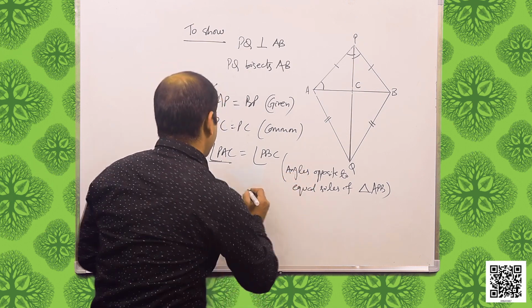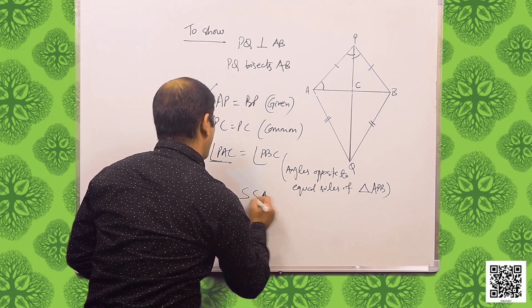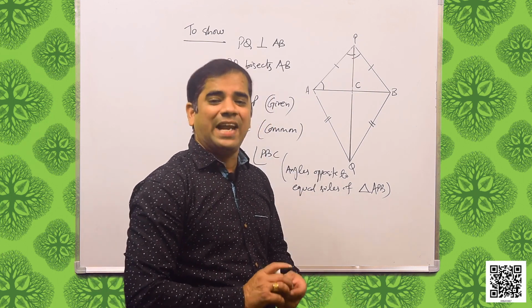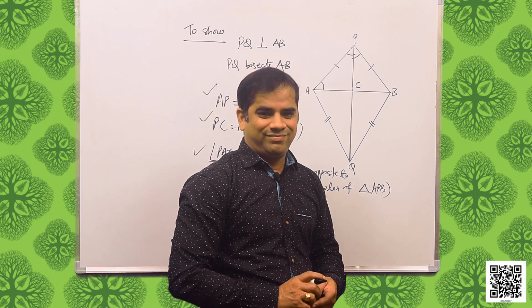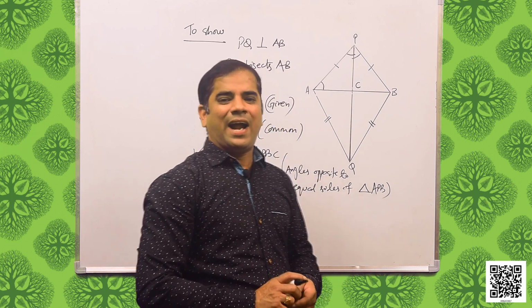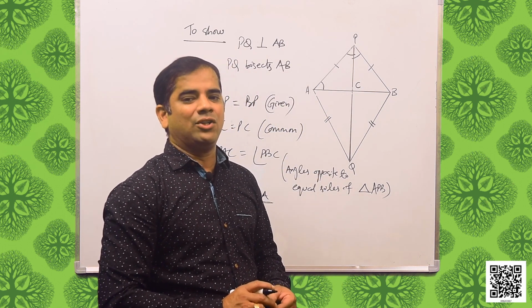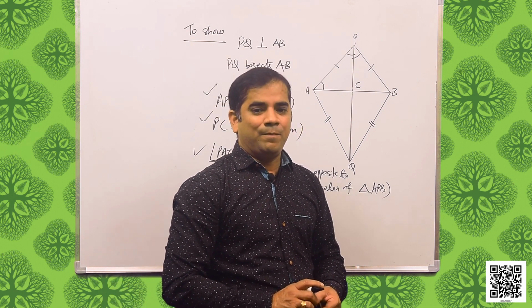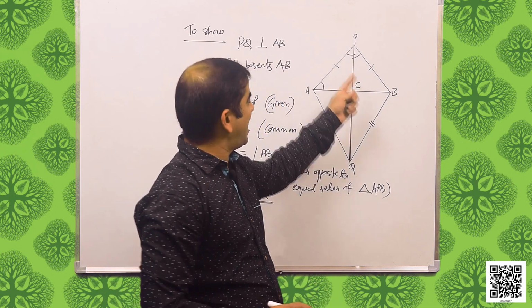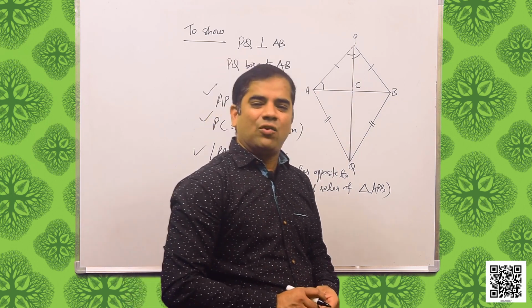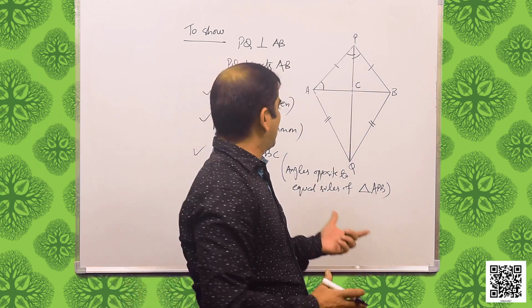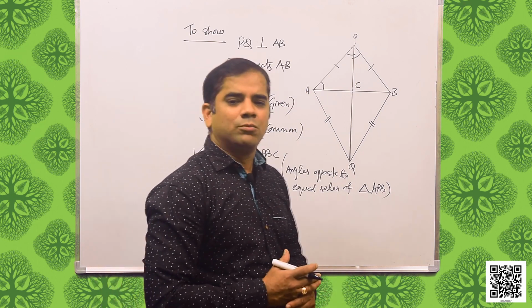It is giving us SSA rule of congruency, which is not always valid or true. That's why, the angle is not included between the equal pairs of sides, we cannot go for the congruency of those triangles.